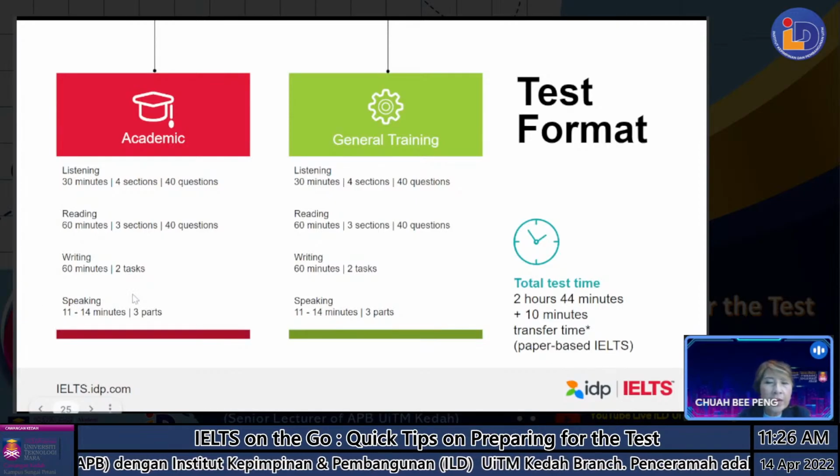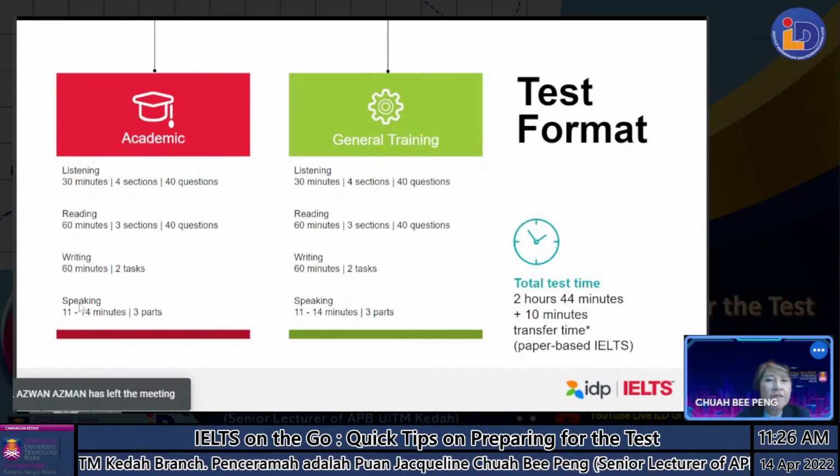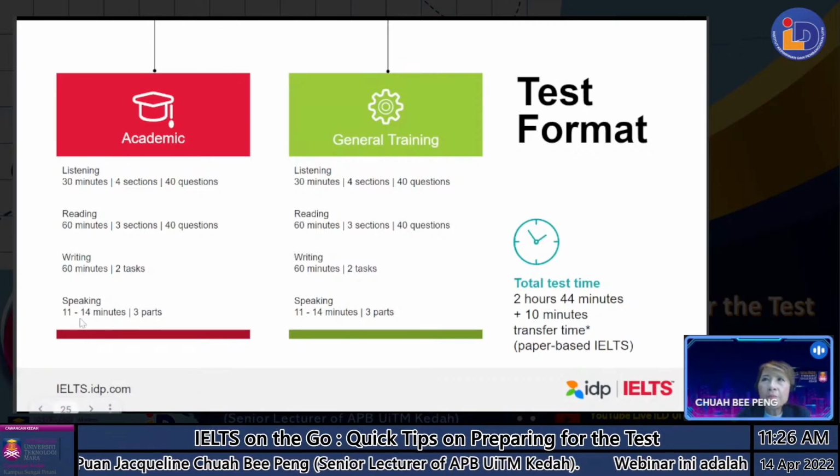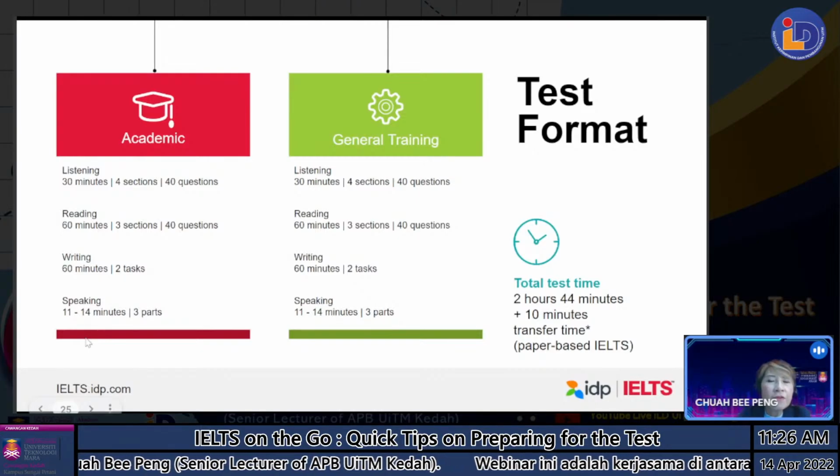Now, this is the most relaxing one, in which you can complete everything within 14 minutes. Very precise, very exact. 14 minutes, no more, no less. You can finish before 14 minutes, but you can never finish after 14 minutes because this test is a standard test and everything is audited.